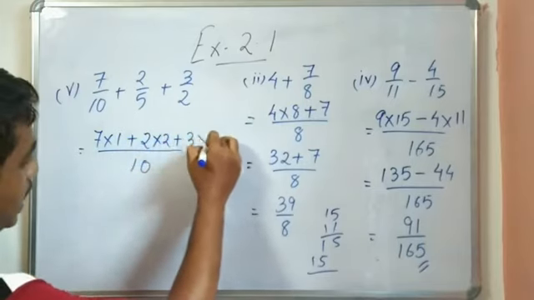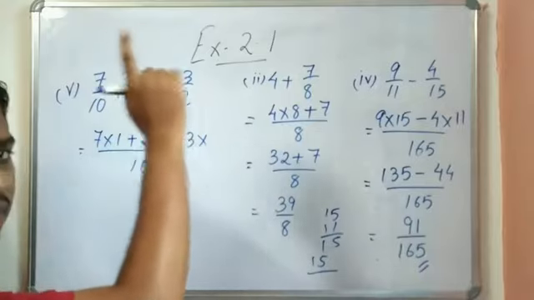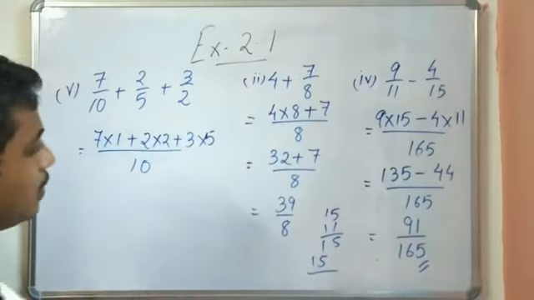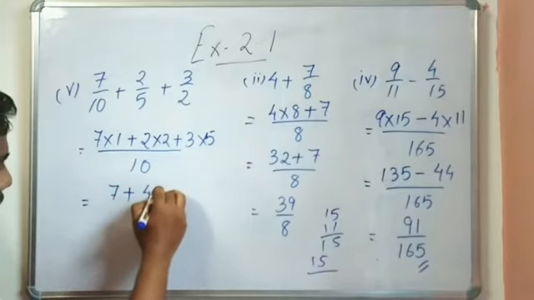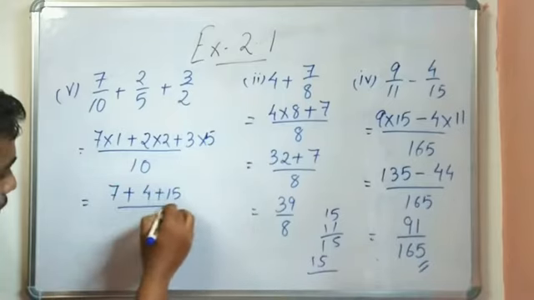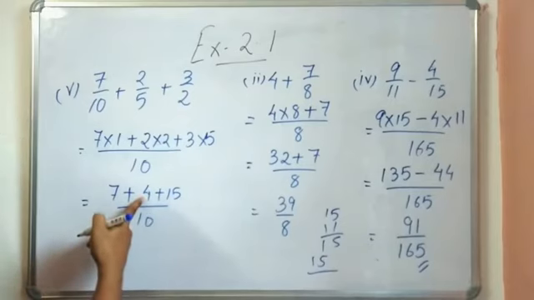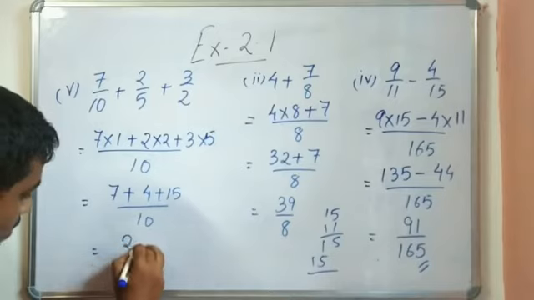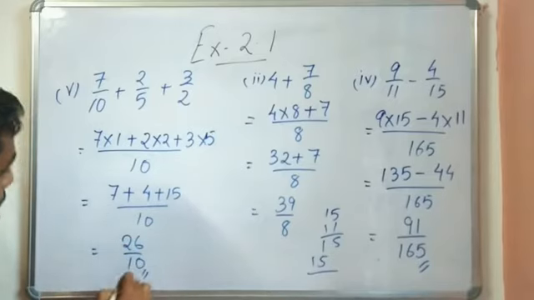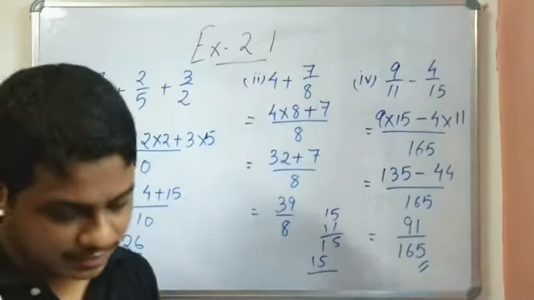Plus 3 into 5, since 2 needs to become 10. So 7 ones are 7, plus 2 twos are 4, plus 3 fives are 15, divided by 10. 7 plus 4 is 11, 11 plus 15 is 26. So it will be 26 by 10.